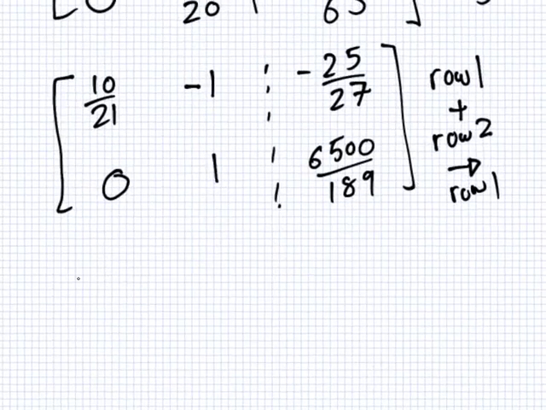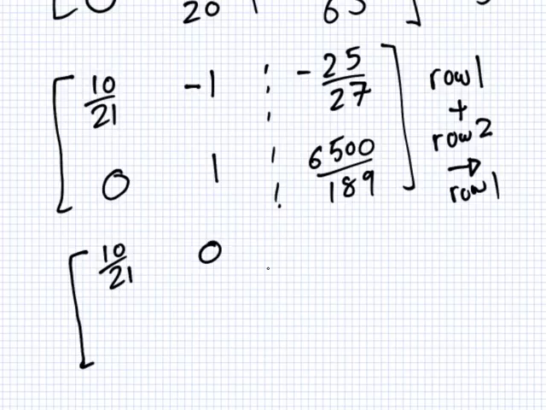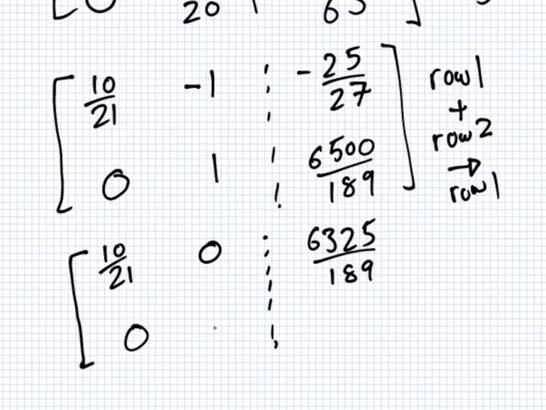So here we got 10 over 21, 0, plus over 189, 6325 over 189, 0, 1, 6500 over 189.